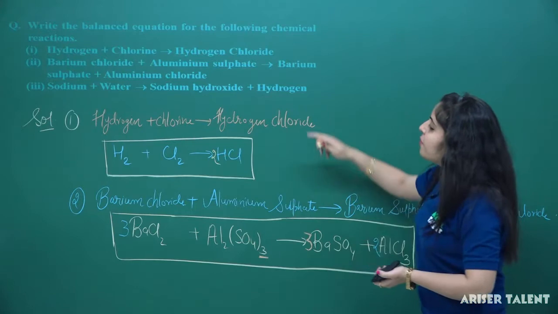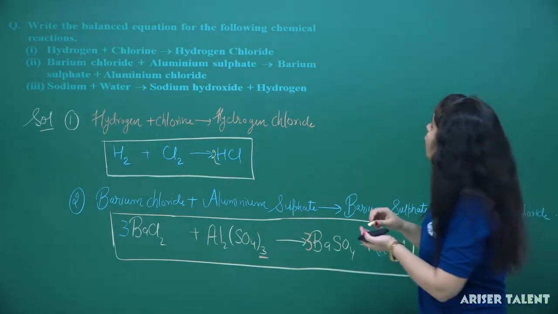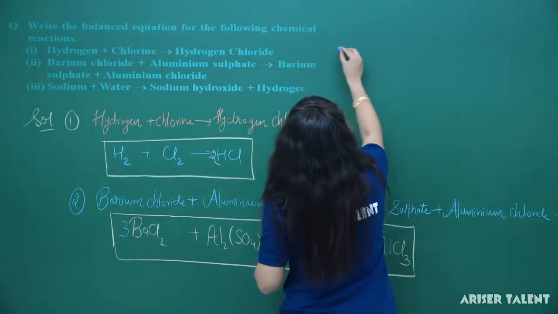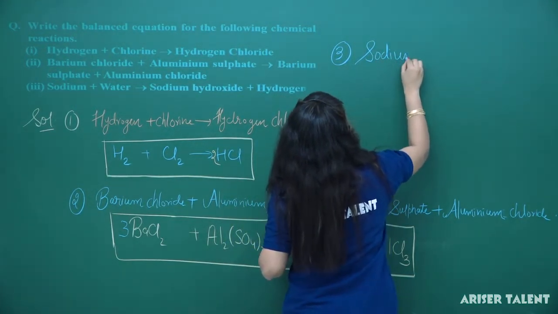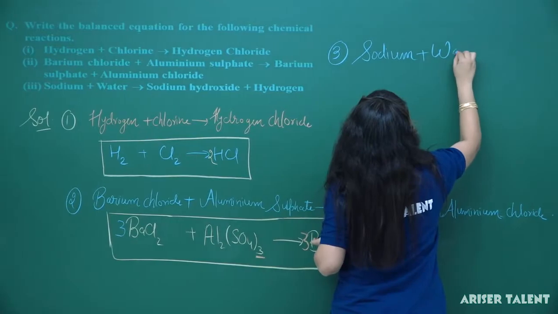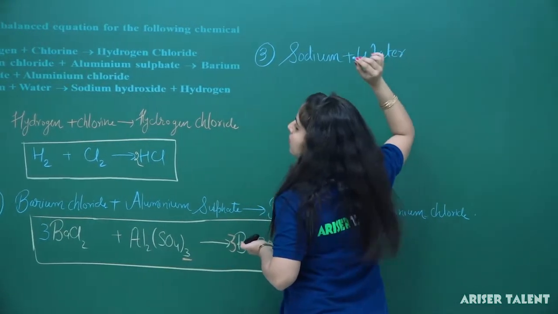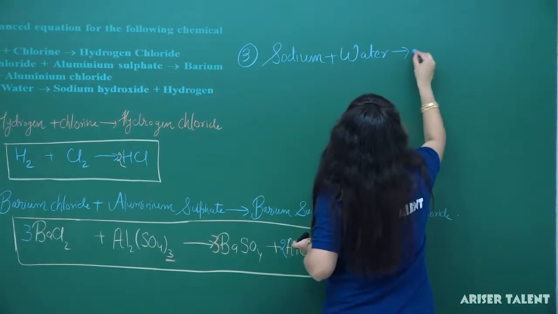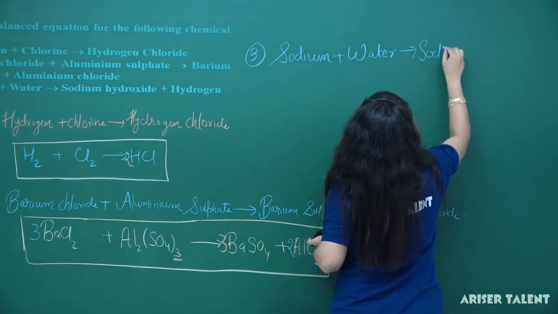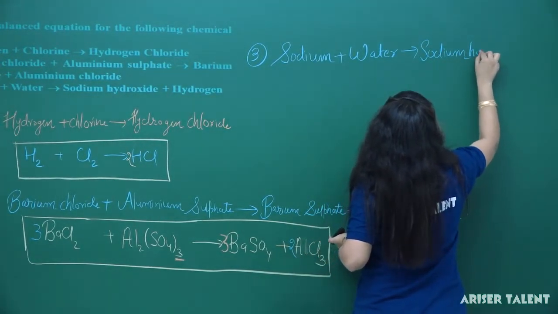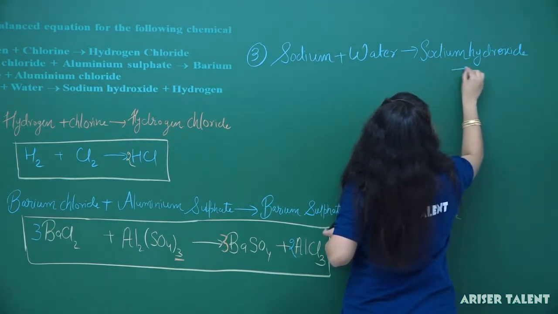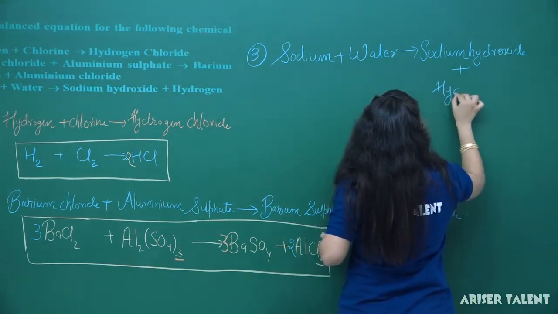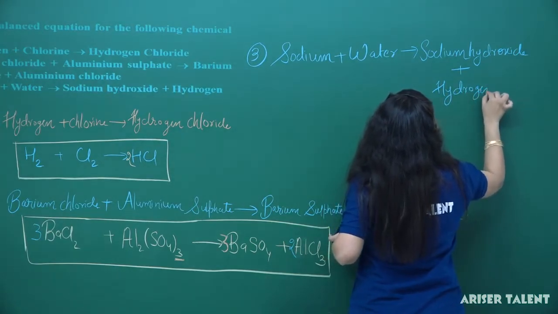Now we have our third reaction, that is between sodium and water. Our third reaction is: sodium reacts with water to give sodium hydroxide plus hydrogen.